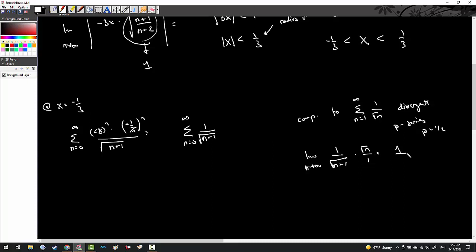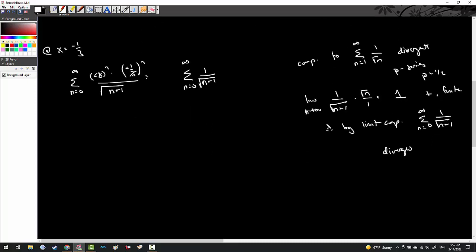Well, that equals 1, which is positive and finite. Therefore, by limit comparison, the sum from n equals 0 to infinity of 1 over root of n+1 diverges. Which means I do not put anything underneath this bracket right here.